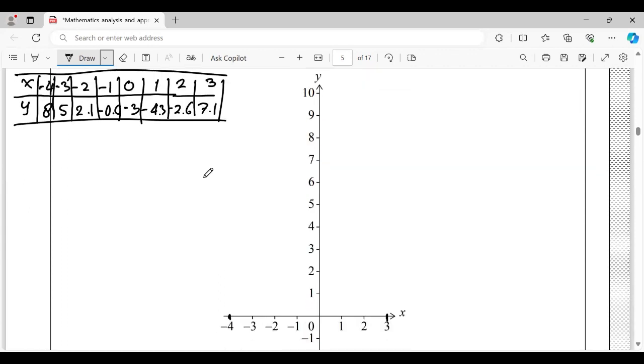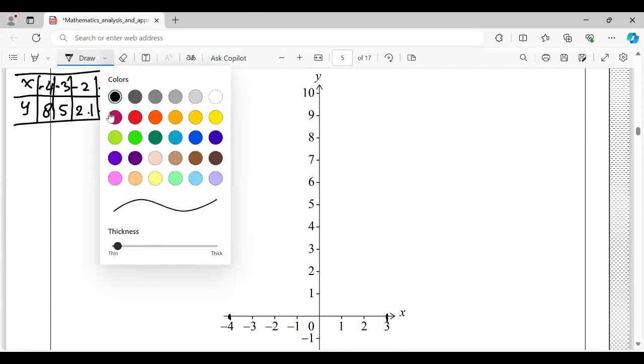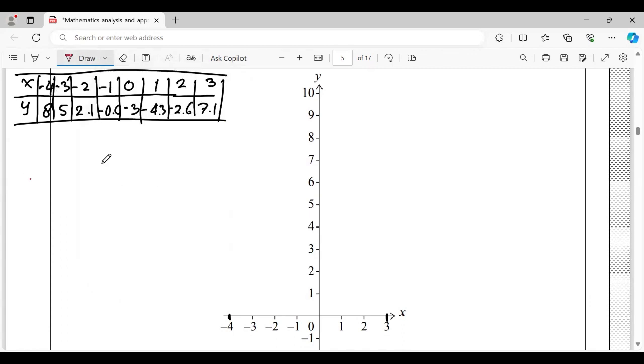So from negative 4 to 3, that's 8 coordinate points. The first one, I'm going to use another color. Negative 4 and 8, around here.